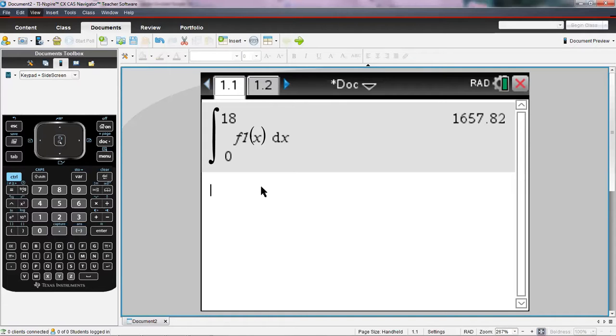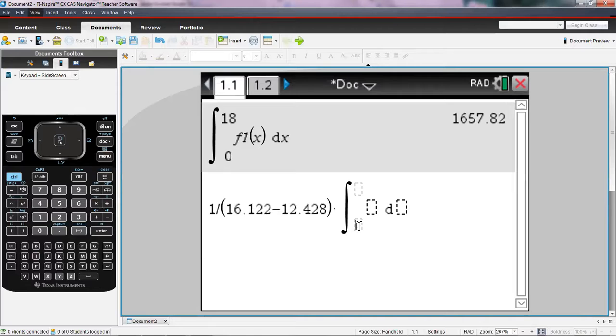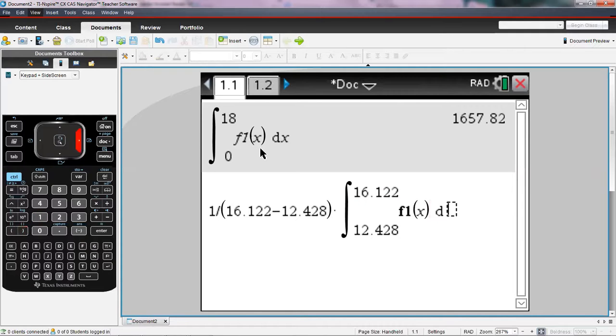So I have 1 divided by parentheses 16.122 minus 12.428, times, now the integral, menu, calculus, integral, and then I put here 12.428, here 16.122, and here I'm going to put the function f1 of x dx. You see, I don't have to type too much, just the numbers.